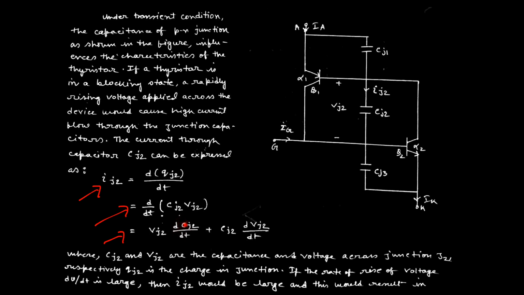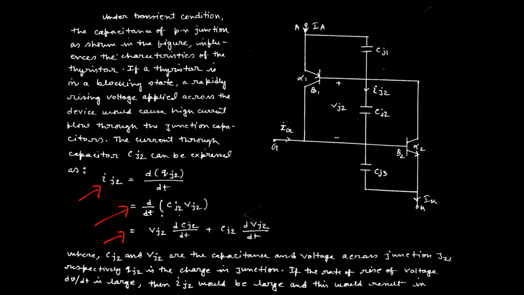That is why we can say that if the junction capacitance is constant, the derivative of the constant will give 0. That means the total junction current depends on the rate of change of voltage. Here Cj2 and Vj2 are the capacitance and the voltage across the junction J2, representing Qj2, the charge in the junction.